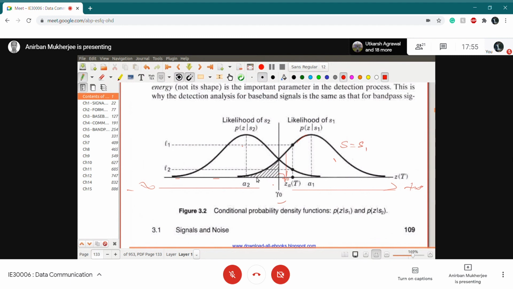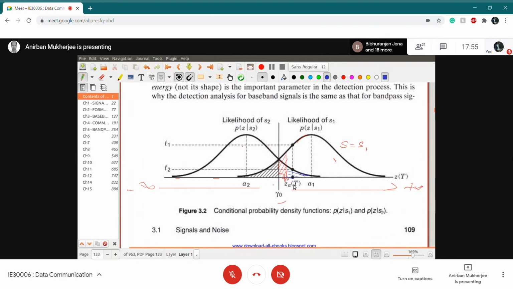The error on this side will be like this, and on that side the probability of bit error will be like this. Optimum threshold means that this total, that is the red area and the blue area, you have to minimize. This probability of bit error is the sum of these two areas.